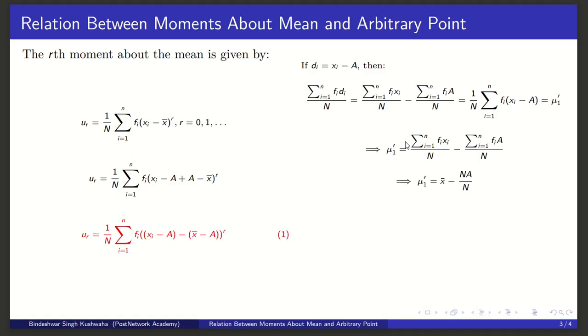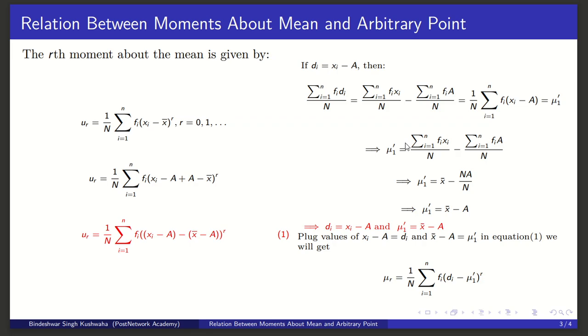So I can write mu prime 1 is equal to x bar minus a, and d i we already know, d i is equal to x i minus a, and we will plug these values in equation 1.